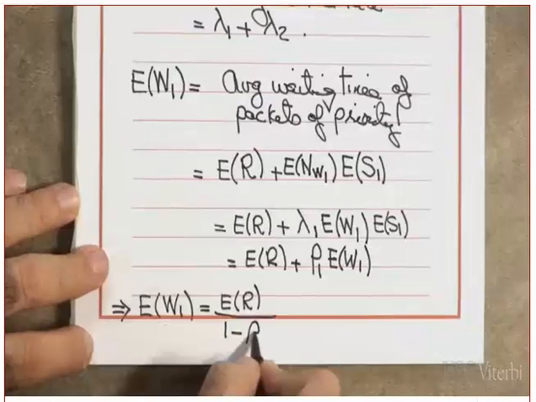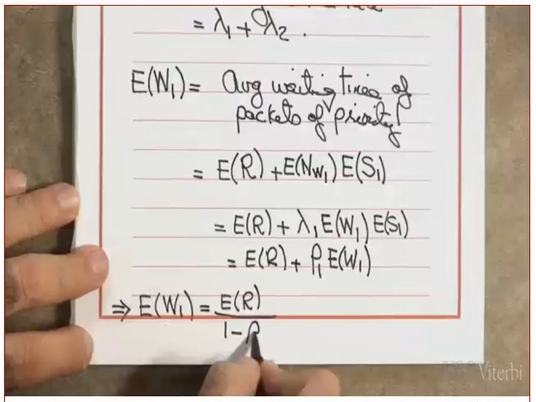Which means E of W2 is equal to E of R plus rho 1 E of W1 divided by 1 minus rho 1 minus rho 2.